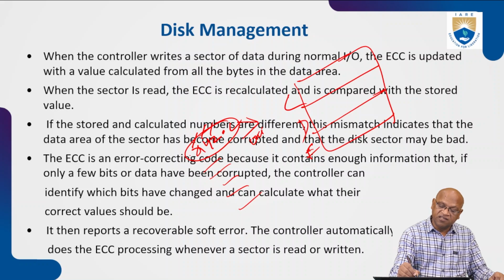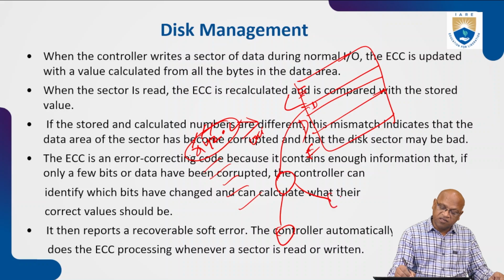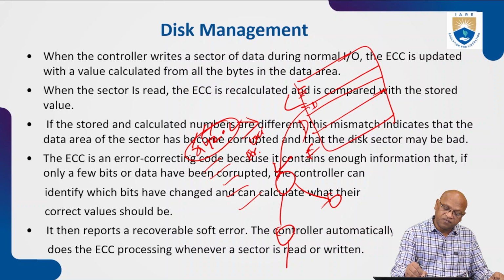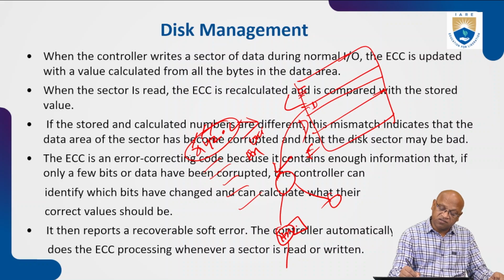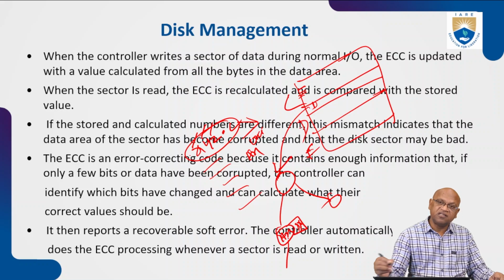Once the file is saved, in the directory structure that number will be there, the file number, some hex value, and along with it the address where the data is physically saved. So this is included in the directory.